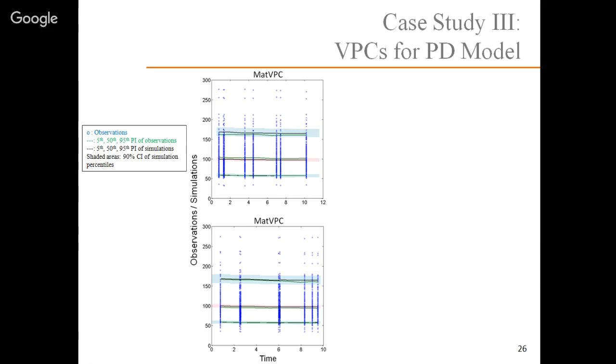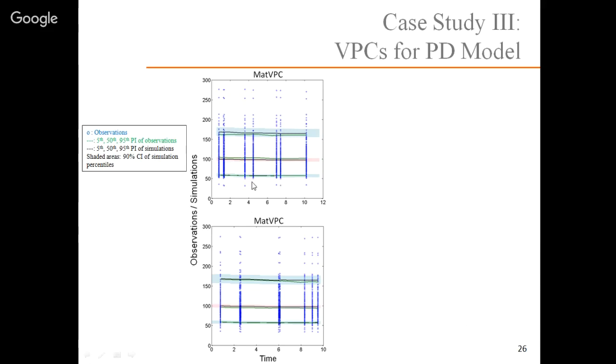The y-axis shows observation simulations. The x-axis shows the time. In blue, you see the observations. In green, you see the percentile intervals of the observations, whereas in black, you see the percentile intervals of the simulations. The shaded areas show the confidence intervals of the percentile intervals of the simulations.